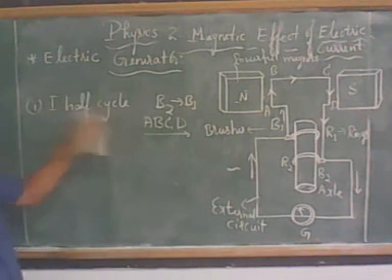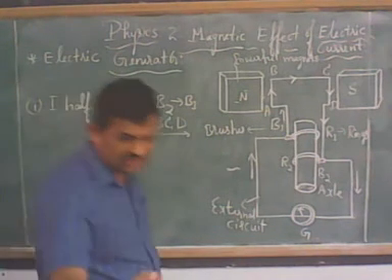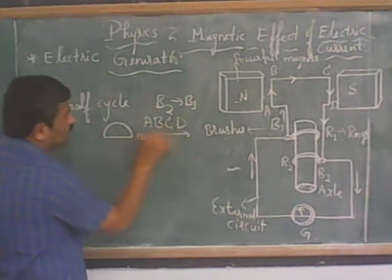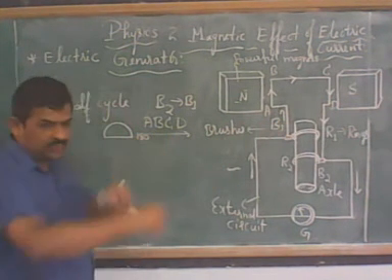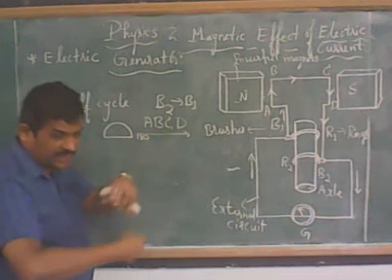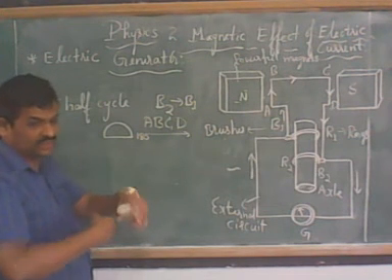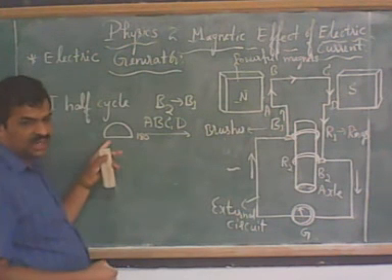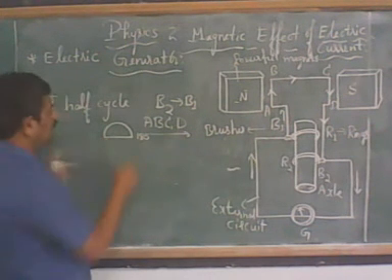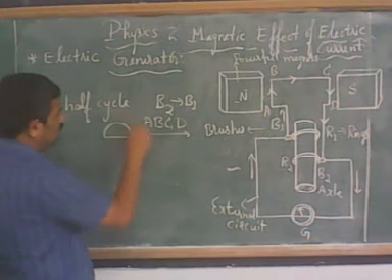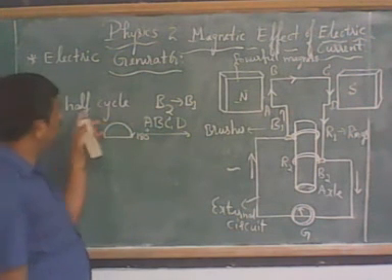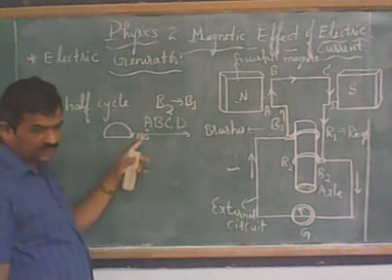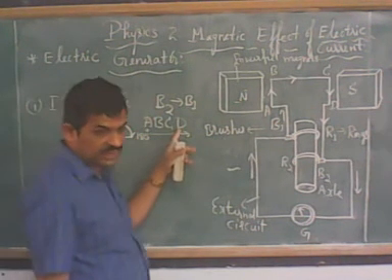That is about the first half cycle. First half cycle means the rectangular coil moves like a semicircle, about 180 degrees only, which is half of 360 degrees. 360 degrees means one complete cycle. So up to 180 degrees we call the first half cycle, with the flow of current in the ABCD direction.